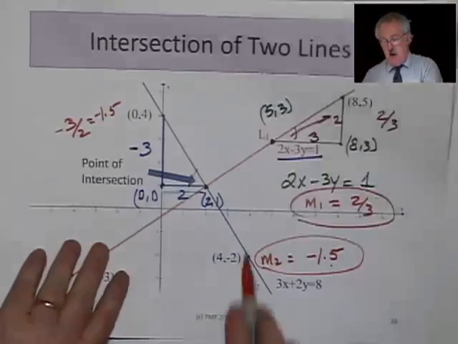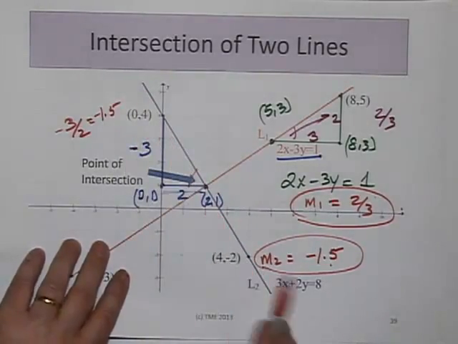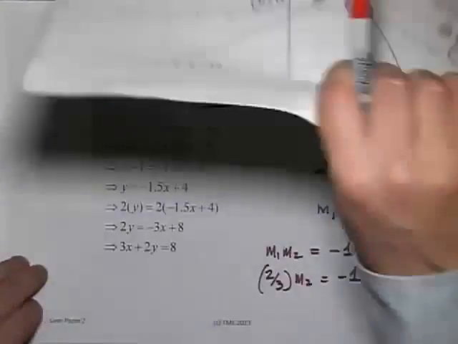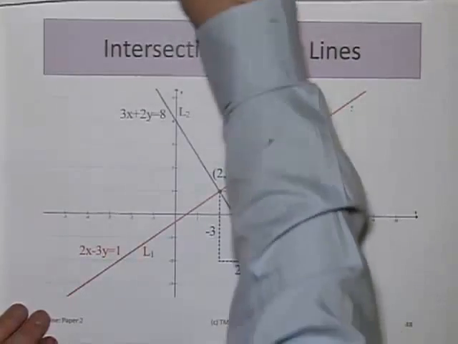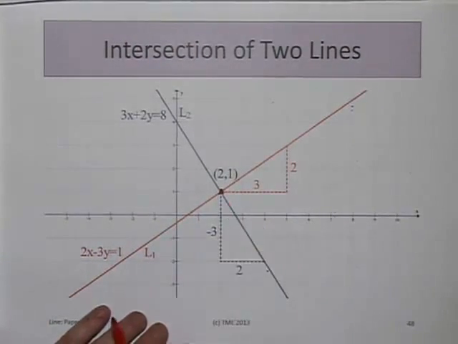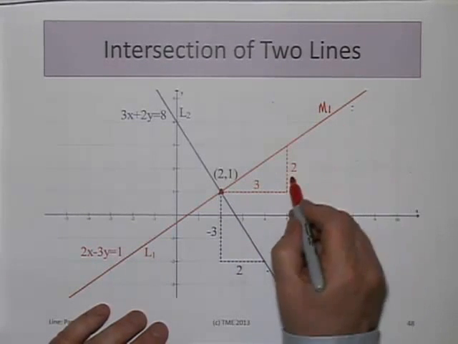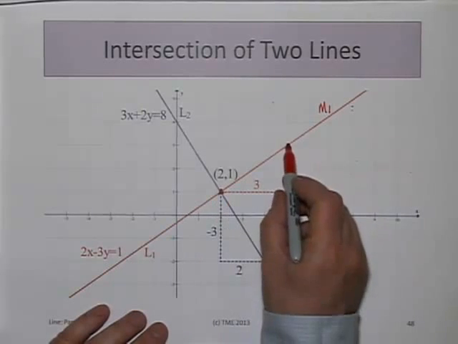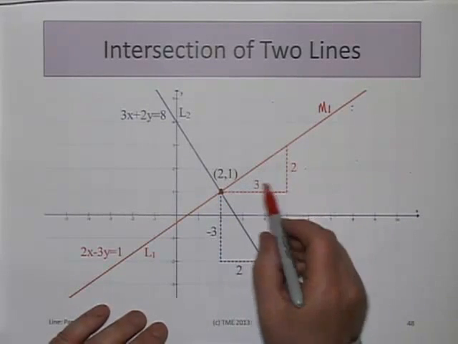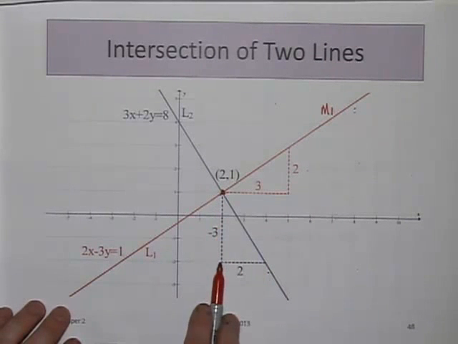If I wanted to draw the line through this point, I'd know the point and I'd know the slope. There's a formula for that. And here we have it, just drawn, the two together, the same two original equations, at point 2, 1. The original line, m1, is 2 over 3, because 3 across, 2 up. And for this one, for every 2 across, it's minus 3 down.